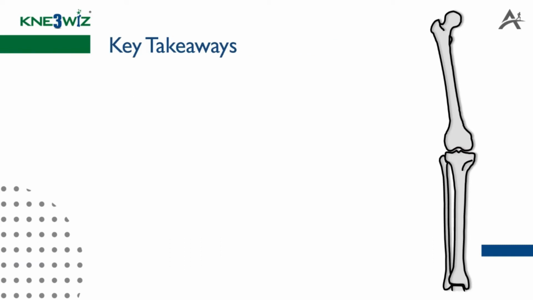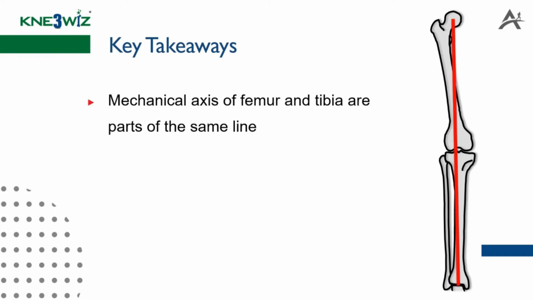So, in summary, for different reference axes important for alignments in total knee arthroplasty, firstly, the mechanical axis of femur and tibia are aligned as one straight line.